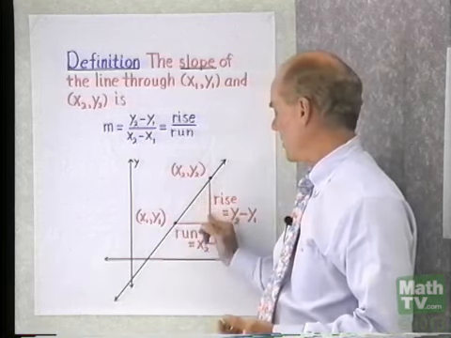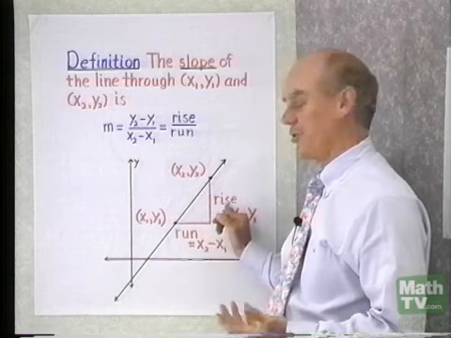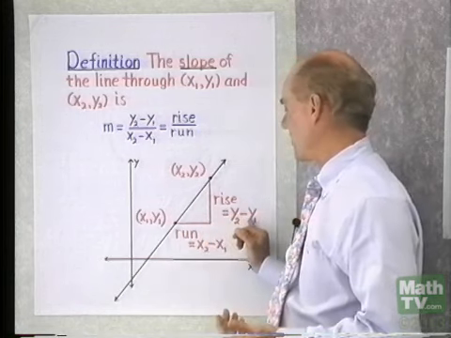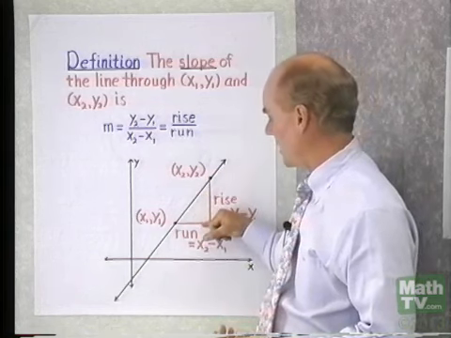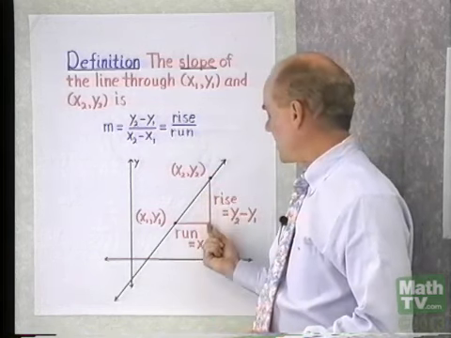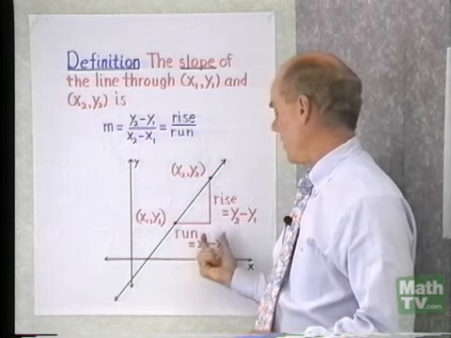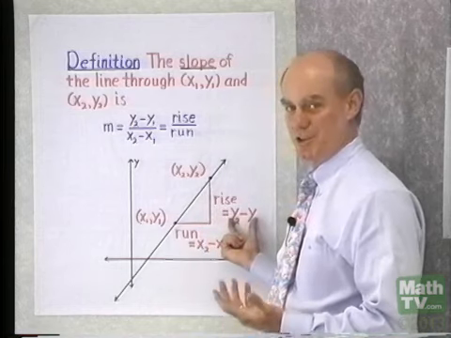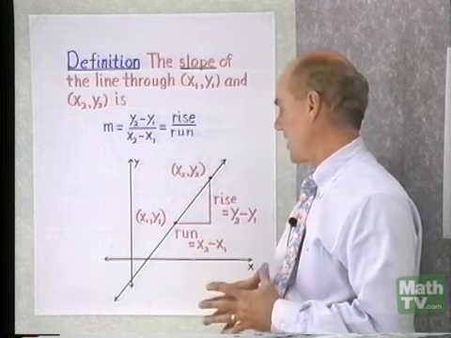The vertical distance that I move is called the rise, and that of course is the difference of these y-coordinates. So the rise and the run in the graph, this geometric idea, does correspond to the difference of the y-coordinates and the difference of the x-coordinates.